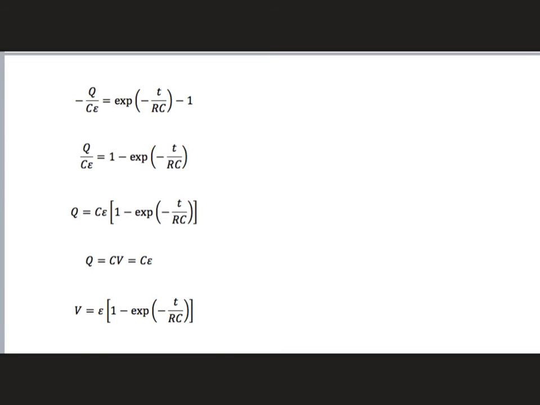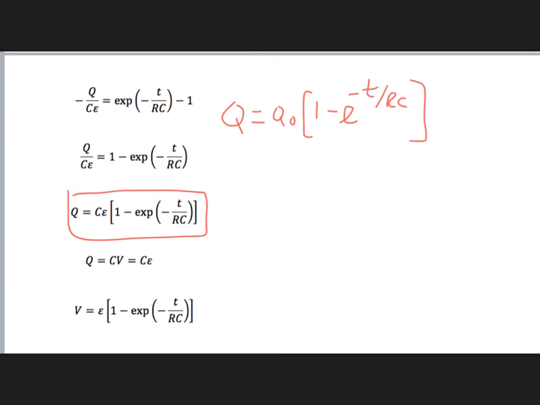And we can look at some limiting cases of that real quickly. So I've rewritten this a little bit, put the exponential in the normal e to the power form, and notice that we have a minus here. That means that this is 1 over e to the t over RC. So we're going to look at what happens as you change the time, what happens to the q on the capacitor.